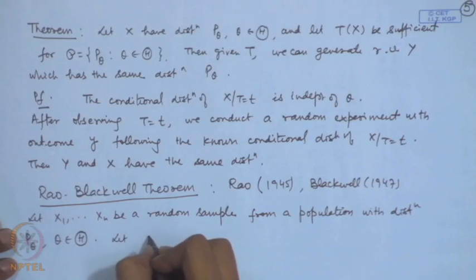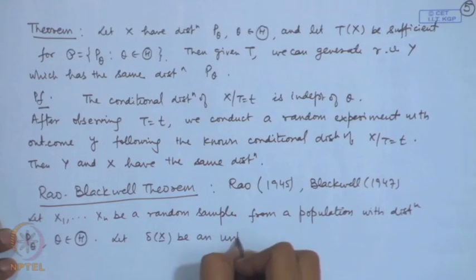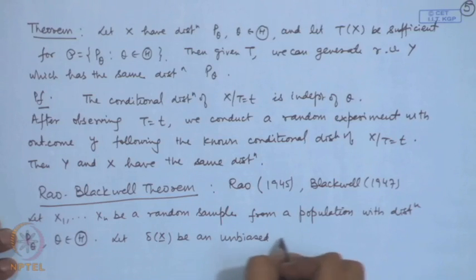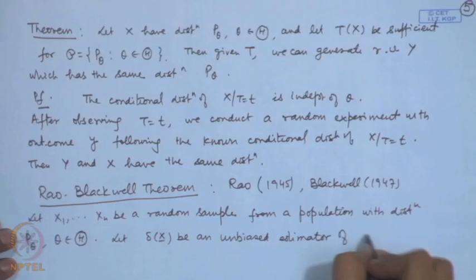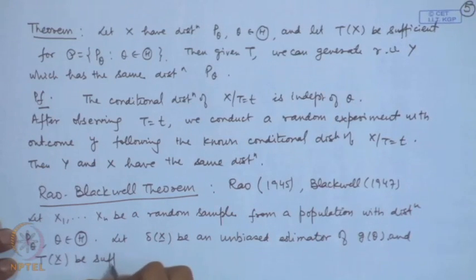Let delta(X) be an unbiased estimator of the parametric function g(theta), and T be sufficient.